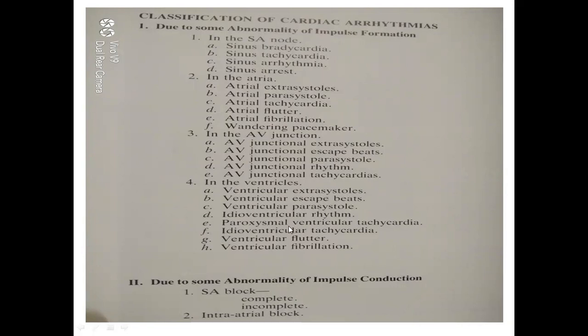Idioventricular means some focus in the ventricle keeps originating from different places, but you cannot find where it originates or at what frequency. Its rhythm is not known. It is called idioventricular rhythm. It has no beginning or end, there is no connection. Very rarely it happens, but it is seen.